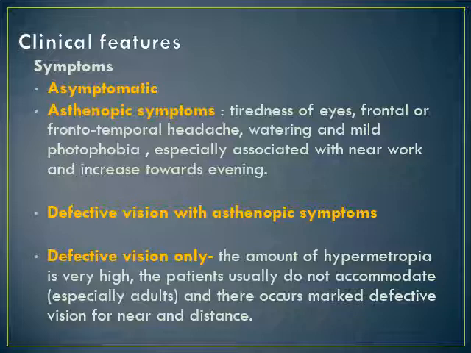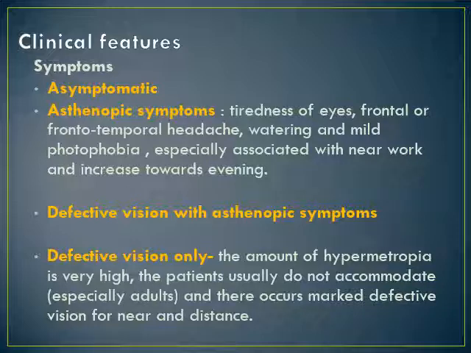Then some patients may have defective vision with asthenopic symptoms, which is seen in high hypermetropia. That is, the amount of hypermetropia is more, so the patient cannot accommodate enough to see a clear object. Also, due to the constant accommodation, there are asthenopic symptoms.